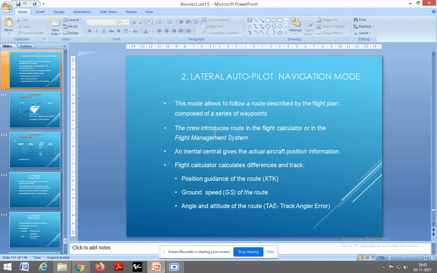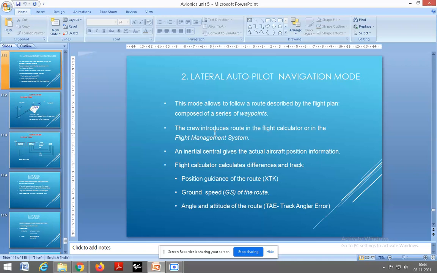So it keeps on tracking the flight movement, in which direction it is going. It is indicated only by the flight calculator, and decided based on the feedback received from the output, whether we have to reduce the speed or direction, whether we have to move at this angle or that angle. The flight calculator will have the position guidance of the route, ground speed, and the angle and altitude of the route.